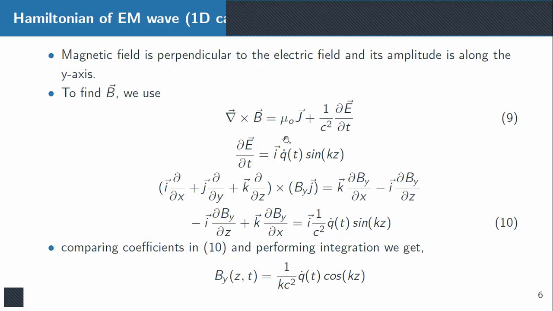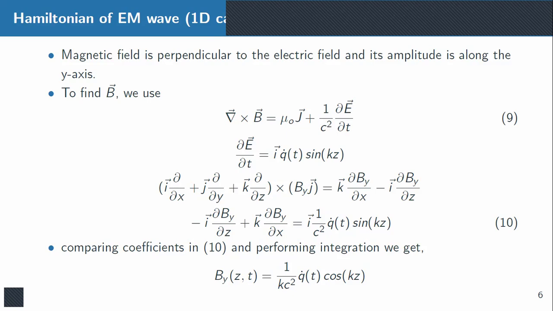So we would assume here that we have a current-free region, and we would take the time derivative of the electric field. As we know, the magnetic field and electric field are mutually orthogonal to each other.